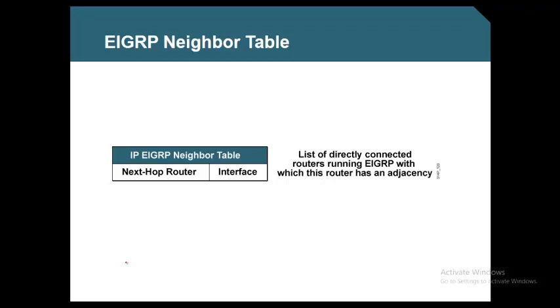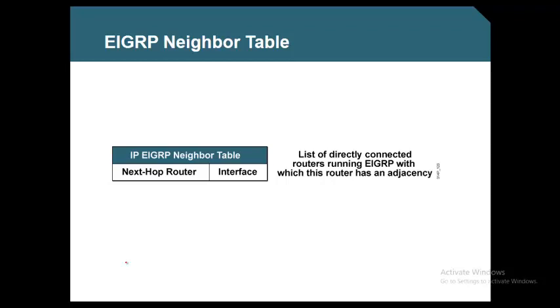Established. One router sends hello to the other router. The other router has accepted the hello. The other router not only accepted the hello, accepted as a neighbor. Likewise, this router also accepted the other guy as the neighbor.